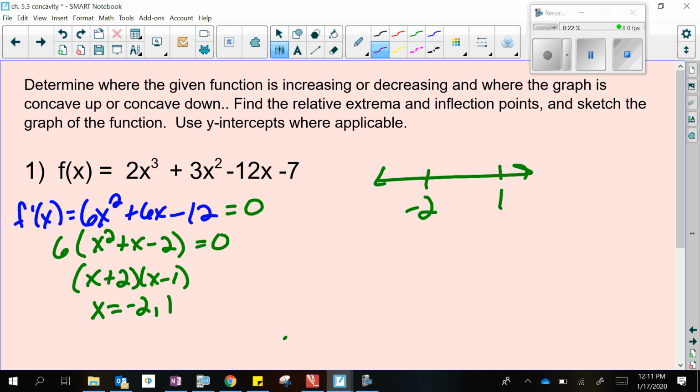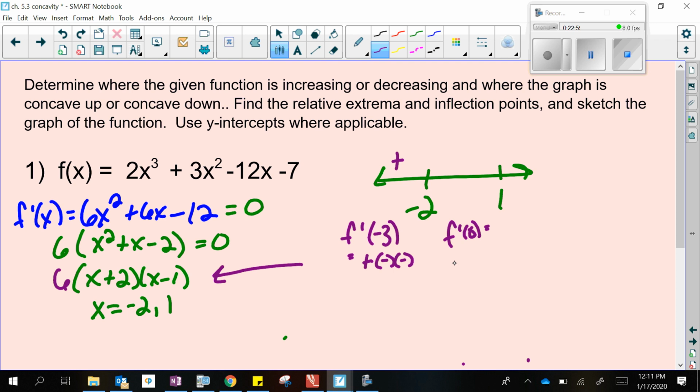Right. Pick a number. Let's pick -3. If we plug it into our first derivative, we're going to get a plus, a negative, and a negative. So it's increasing there, right? What number do we want to choose for the next interval? 0.